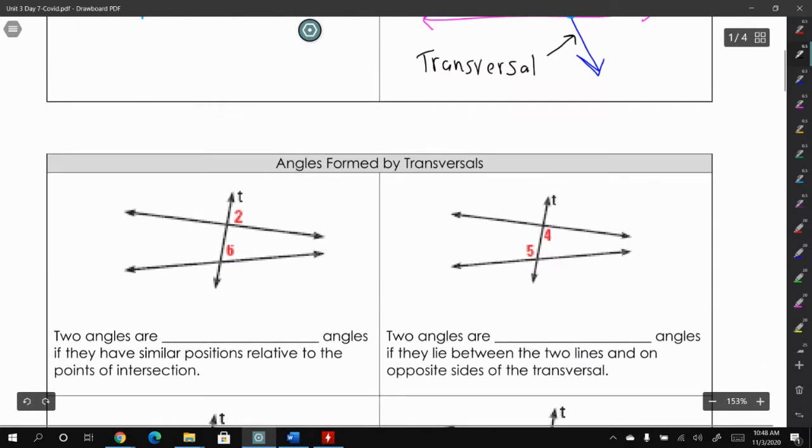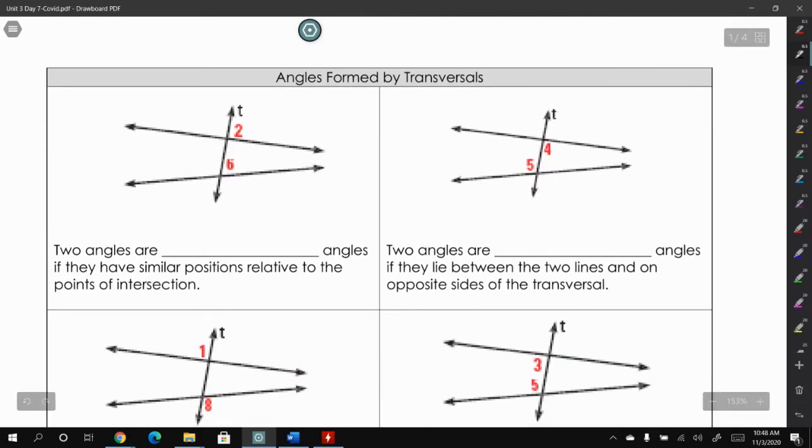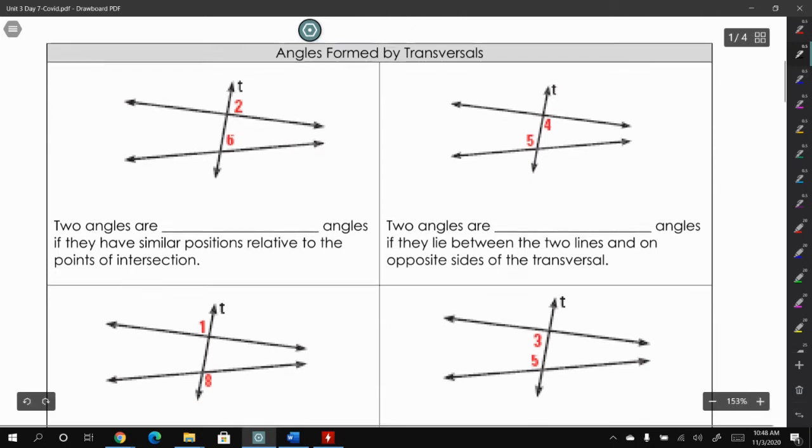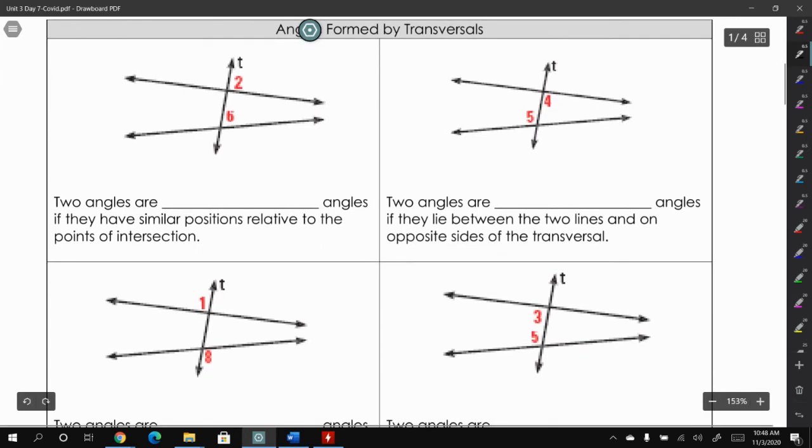So we're going to talk about some angle relationships that are formed by a transversal intersecting two different lines. The first one we're going to call corresponding angles. So these two angles are corresponding, and they have the same location.